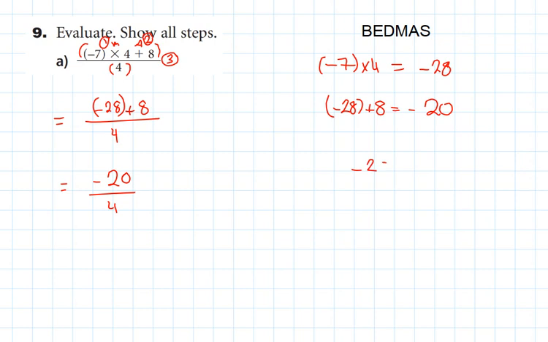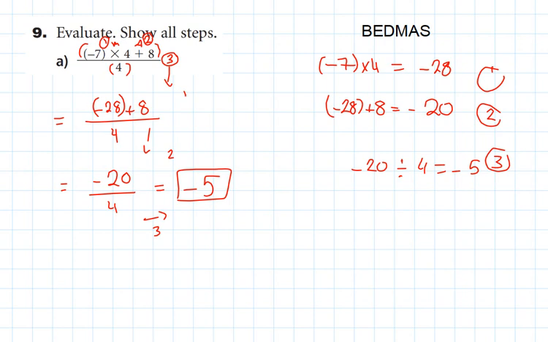Negative 20, you can use a calculator, divided by 4, that should be negative 5, is your final answer. So these are the steps. That's 3 steps of work that you need to show right here.